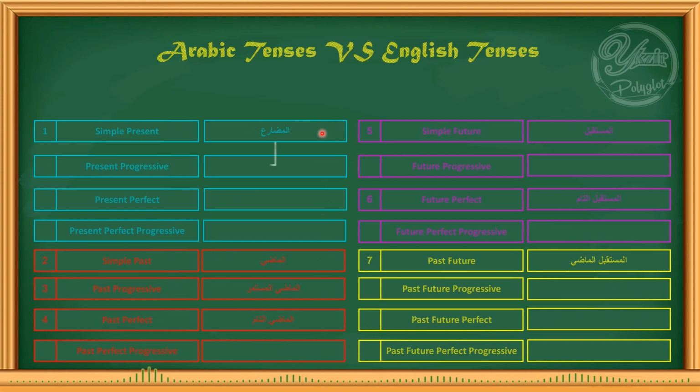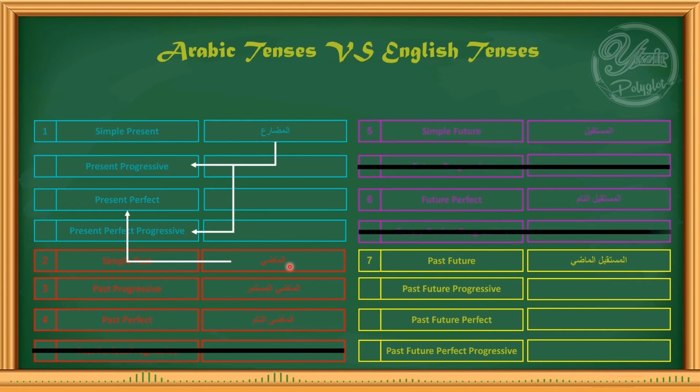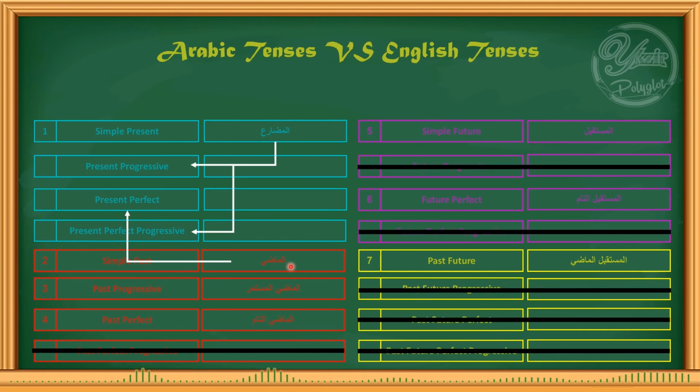As for al-mudari', it can represent either the present progressive or present perfect progressive. And present perfect can be represented by al-madi. And the rest of the English tenses, like past perfect progressive and so on, are completely missing in Arabic.